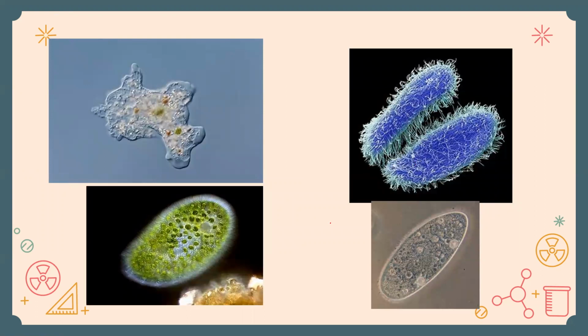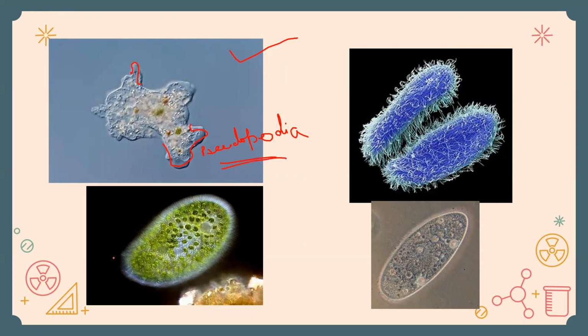You can see this is the amoeba, and these are three pictures of paramecium here. Amoeba does not have a regular shape. It is an irregular shape, it does not have a fixed shape. You can see these finger-like projections. These are the pseudopodia, because they are finger-like.